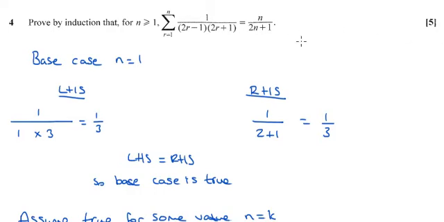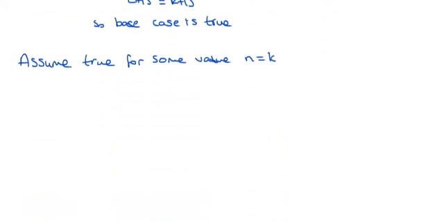So this is our assumption that the sum from 1 to k of 1 over 2r take 1 times 2r plus 1 is equal to k over 2k plus 1.